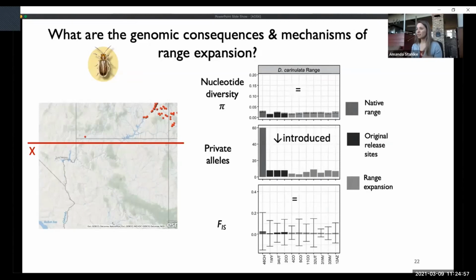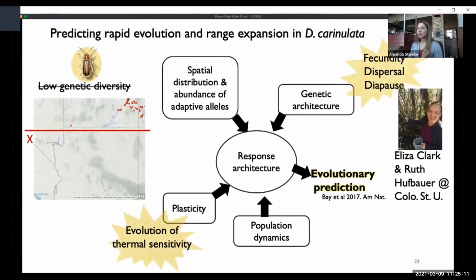But no signal of inbreeding, even at the expansion front, where we might expect some of those smaller populations to maybe be inbreeding. Okay, so low genetic diversity is not constraining the rapid evolution and range expansion of Carinulata.